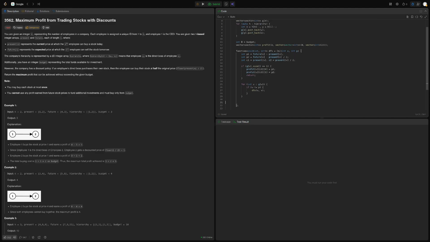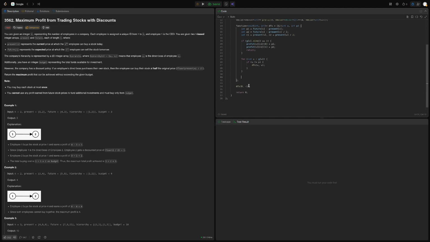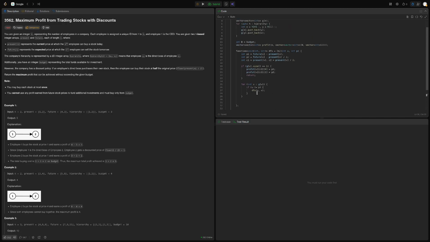Now that we have computed those values, the answer should be in DP 0 1 0 0 because his parent did not buy.